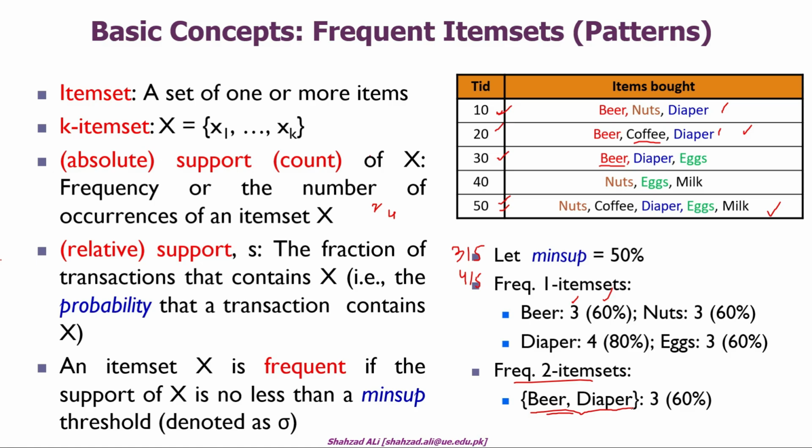There are only 3 cases in this transactional database in which beer and diapers occur together. So the absolute support of beer and diaper is 3. In the parentheses we have written the relative support, which is 60%, since the occurrences of both are 3 and the total number of transactions is 5.